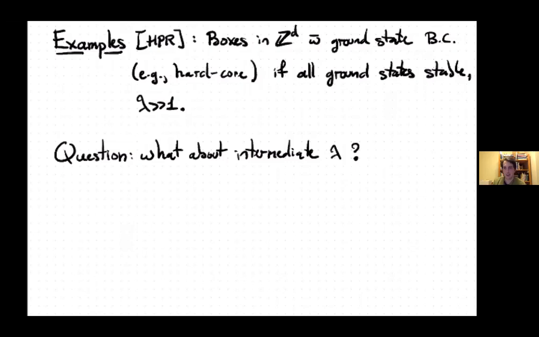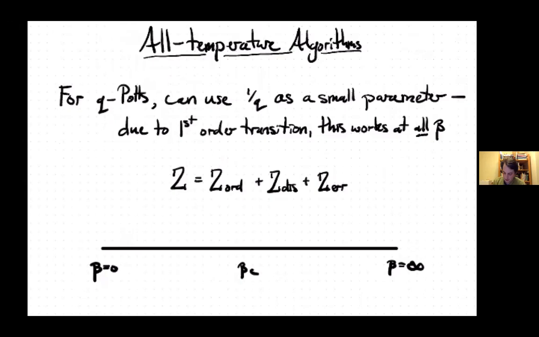So intermediate lambda is going to be difficult for the independent set model or the hardcore model because we don't even understand what happens there probabilistically on Z^d, so even on nice graphs. But if we return to the Potts model, we're in a better situation. Because for the Potts model, there's been this theory developed. If you take Q very large, you can use 1 over Q as a small parameter for an expansion method instead of using the temperature beta as a small parameter.